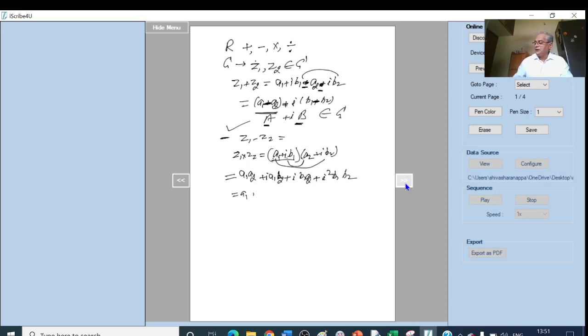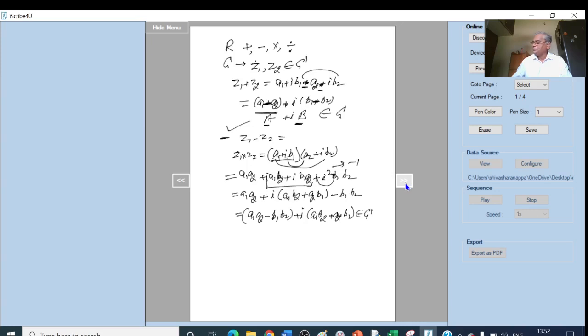This is equal to A1 A2 plus, from these two terms if I take I as common factor, A1 B2 plus A2 B1. Here I square is nothing but minus 1. So this is minus B1 B2. So this is nothing but A1 A2 minus B1 B2 plus I into A1 B2 plus A2 B1.